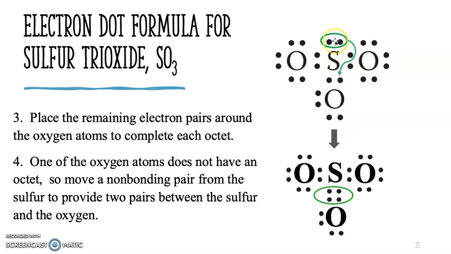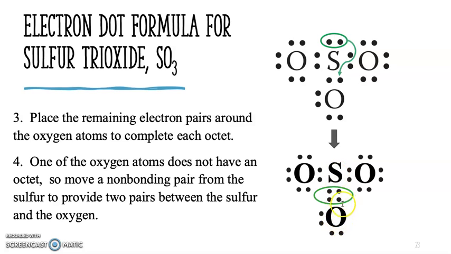Then step 4, if you remember, tells you to move a non-bonded electron pair to where that atom needs electrons so that its octet is complete. So I'm going to move the electron pair to this oxygen because it needs 2 more electrons to complete the octet. Now when I move it down here, you can see 4 electrons shared between sulfur and oxygen.